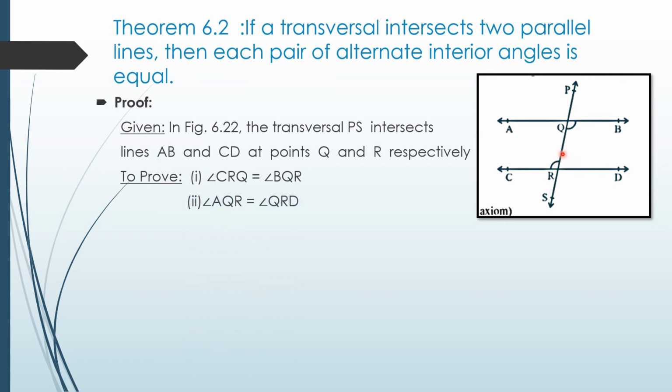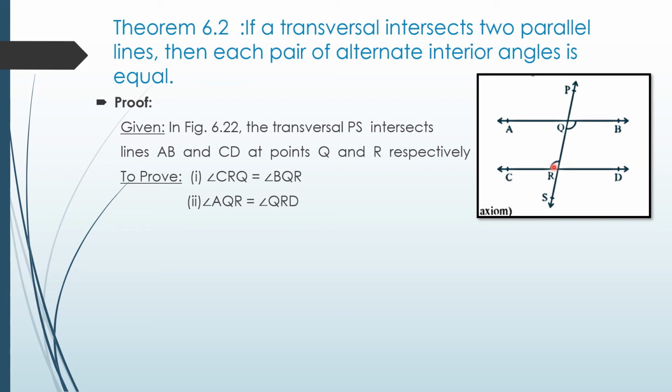The first pair of alternate interior angles here is angle CRQ and BQR, and another one is AQR and QRD. We have to show that these two pairs of alternate interior angles would be equal.